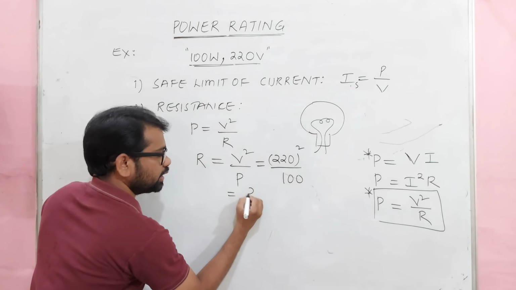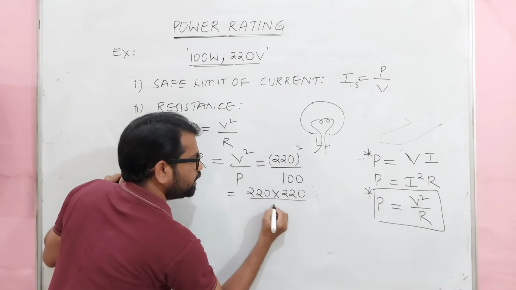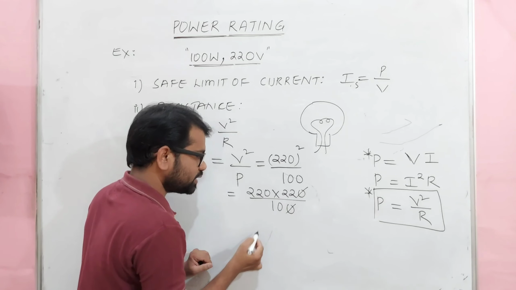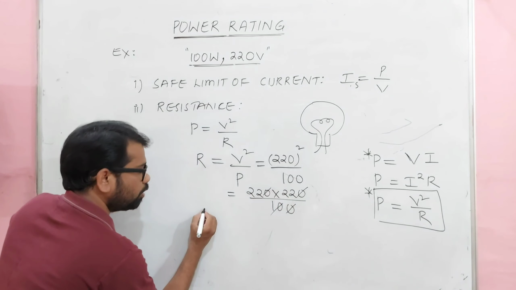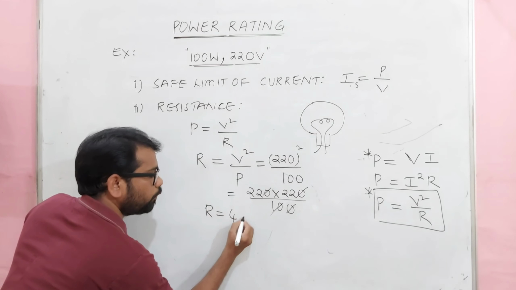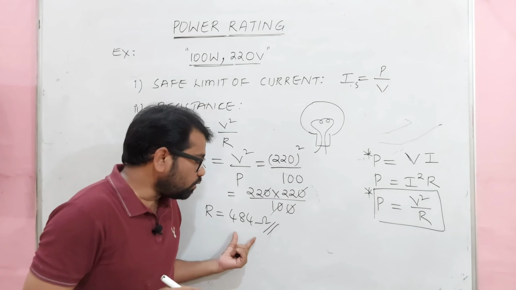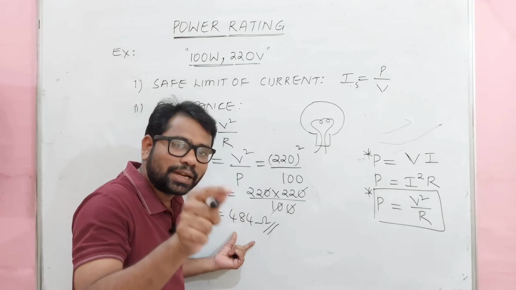This can be written as 220 into 220 by 100. Now here 0 cancels, this 0 cancels. Now 22 into 22 will be how much, dear children? It will be 484 ohm. So this is how we can calculate the resistance of that electric appliance.